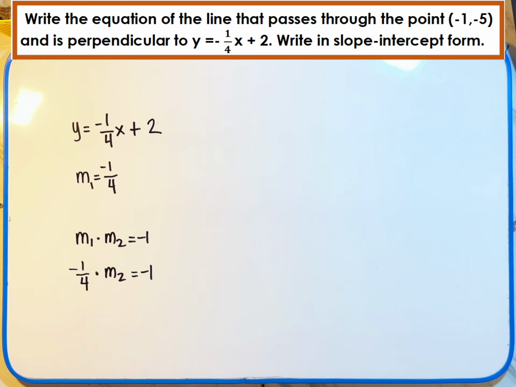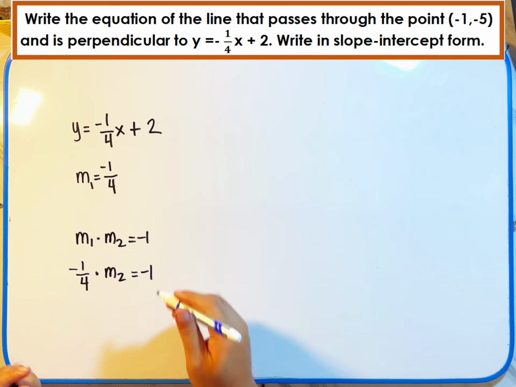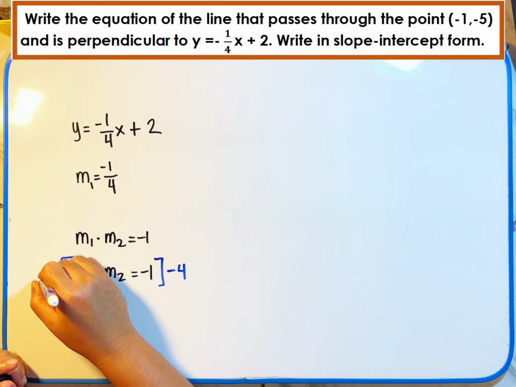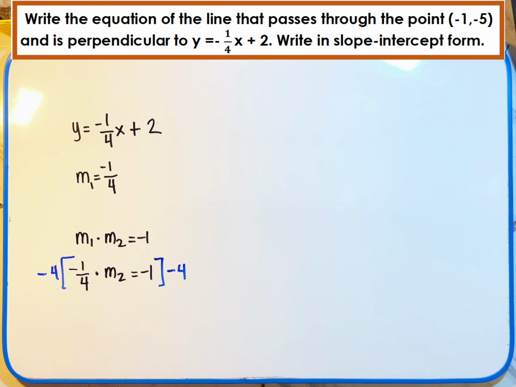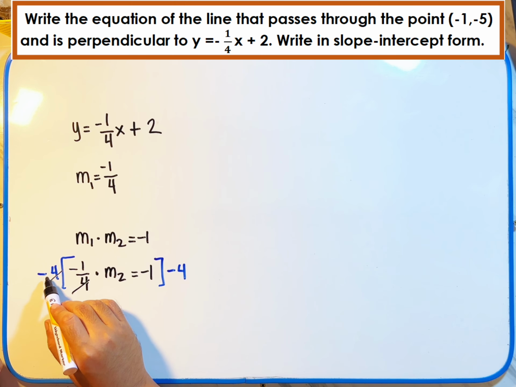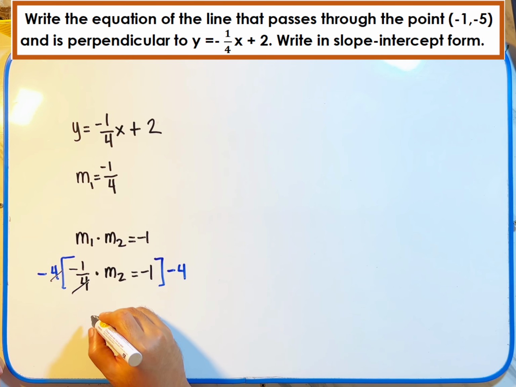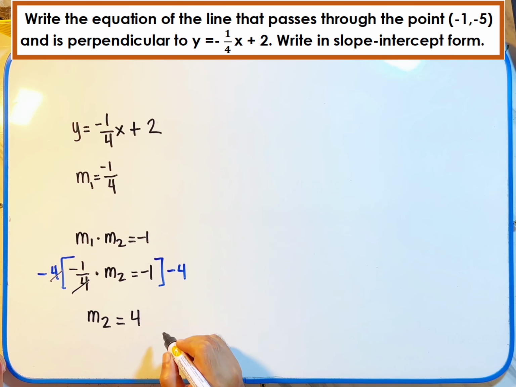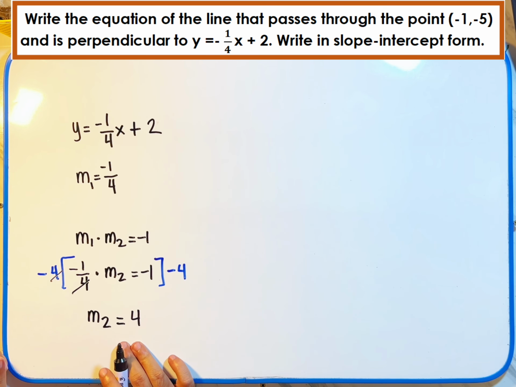To solve for m2, let's multiply both sides by negative 4. On the left side, the factors cancel, since negative 1/4 times negative 4 is positive 1, so we're only left with m2. And then negative 1 times negative 4 is positive 4. So this is the slope of our required line.